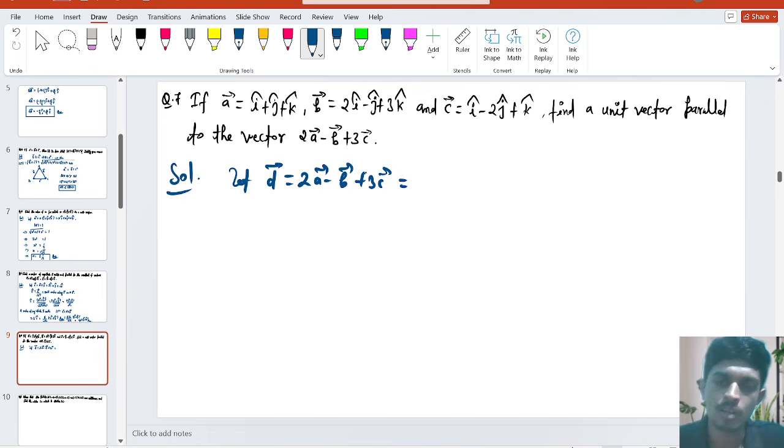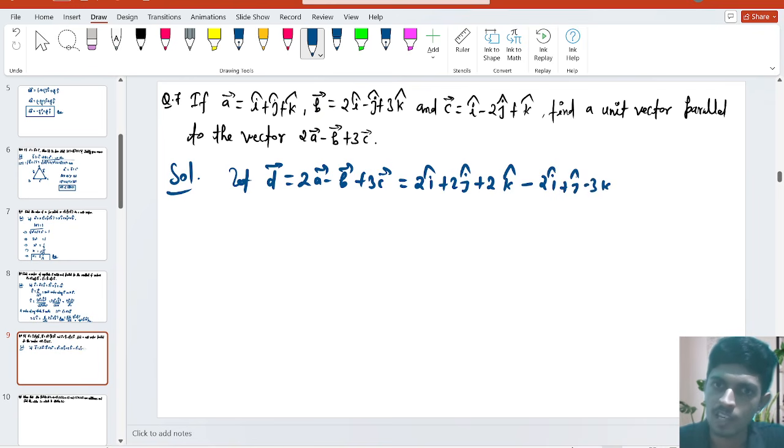Taking 2 times vector A, this is equal to 2i cap plus 2j cap plus 2k cap. And minus vector B, multiplying by minus, you get minus 2i cap plus j cap minus 3k cap. Just multiply by plus 3 here, you get 3i cap minus 6j cap plus 3k cap.